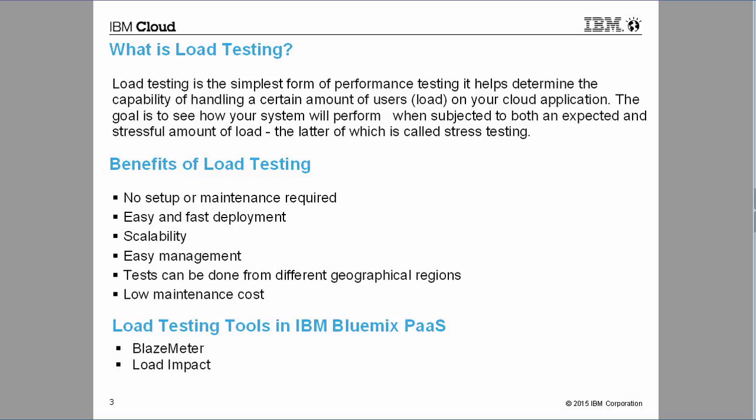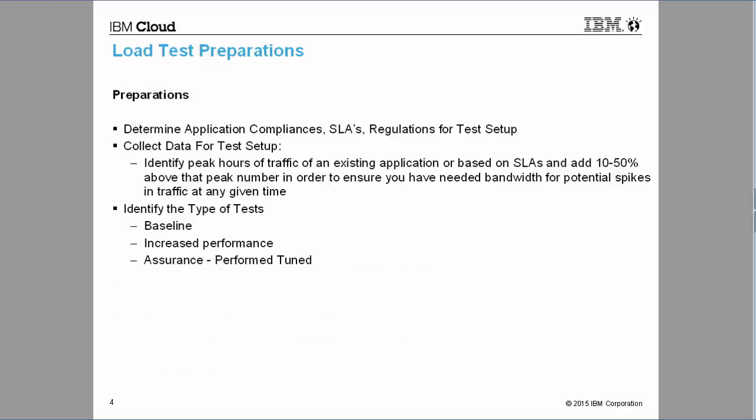recorder. As we talked about load testing, we will now see how we need to prepare for it. First, we need to determine what compliances are needed by the application, mainly the SLAs, regulations, and the test setups. All of these need to be considered prior to performing any of these test operations.